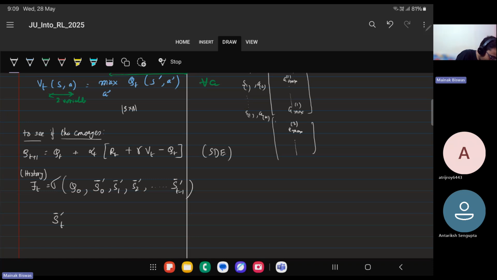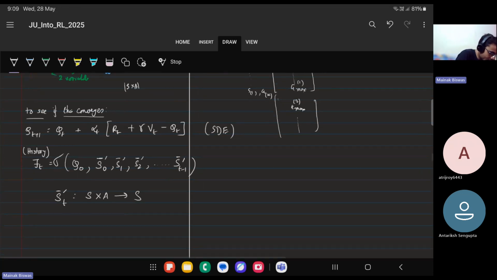ST dash is a mapping from states comma actions to states. So what does this mean? Can you tell me what this means?